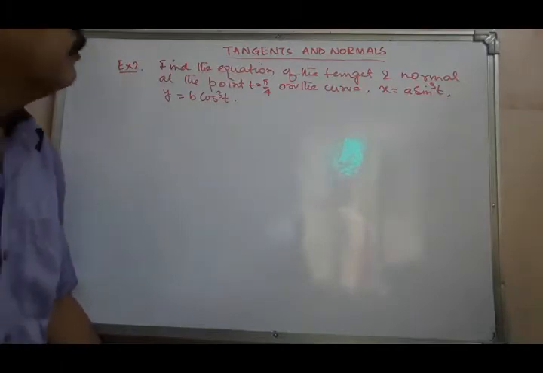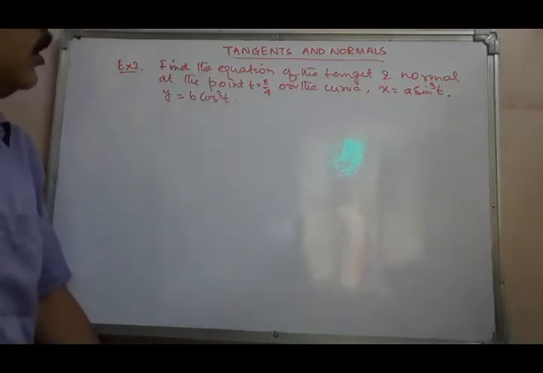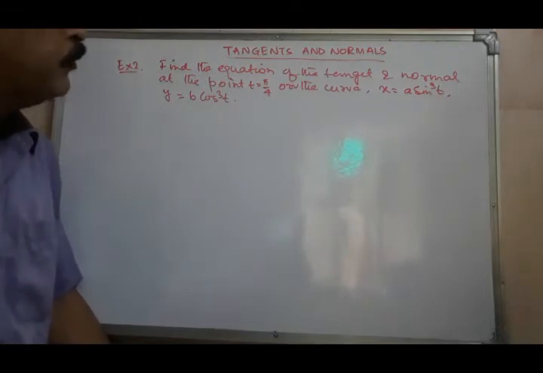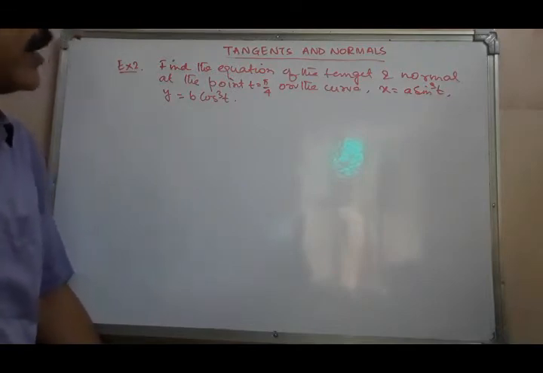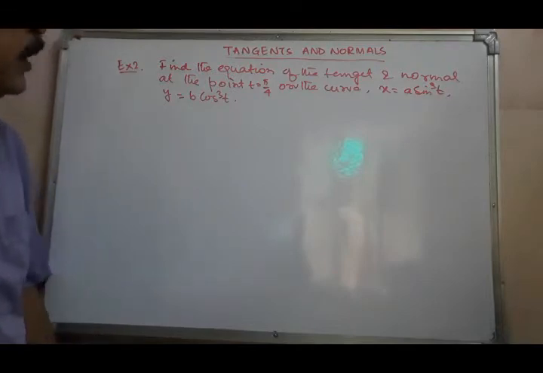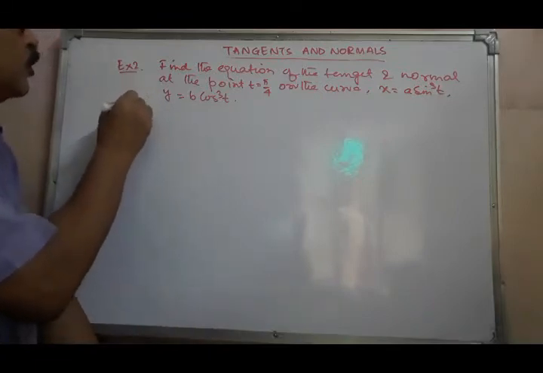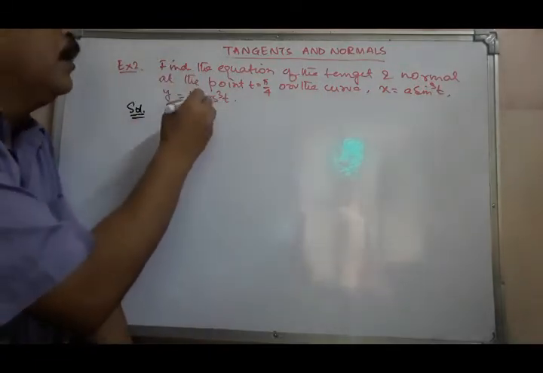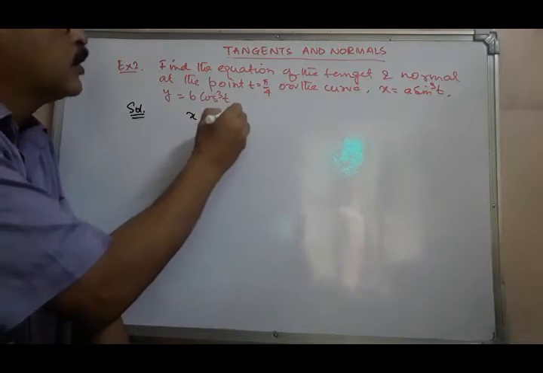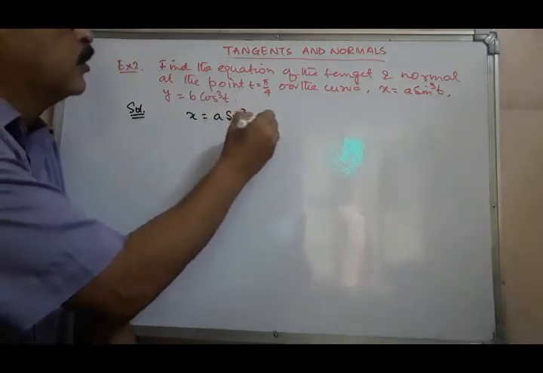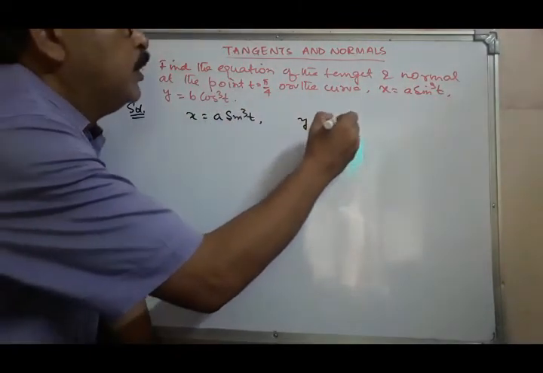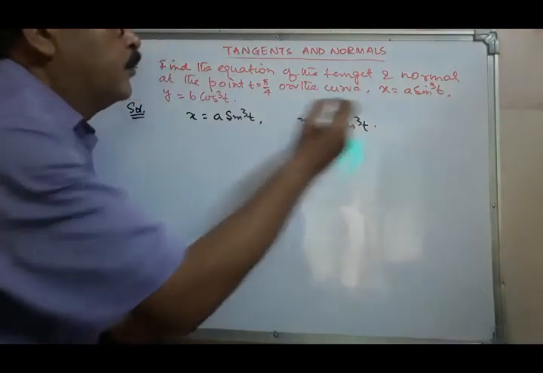Example 2, find the equation of the tangent and normal at the point t equal to pi by 4 on the curve x equal to a sin cube t and y equal to b cos cube t. Solution. Here x equal to a sin cube t and y equal to b cos cube t.